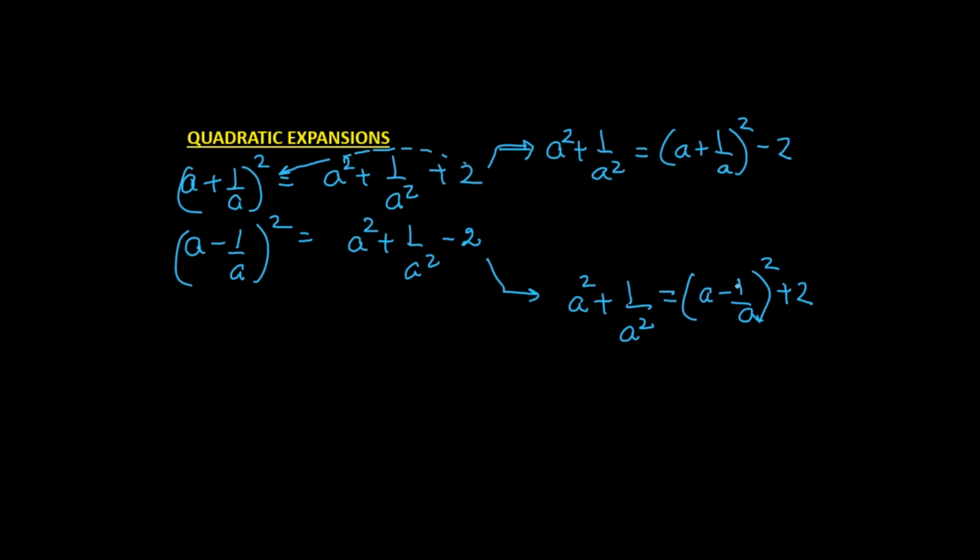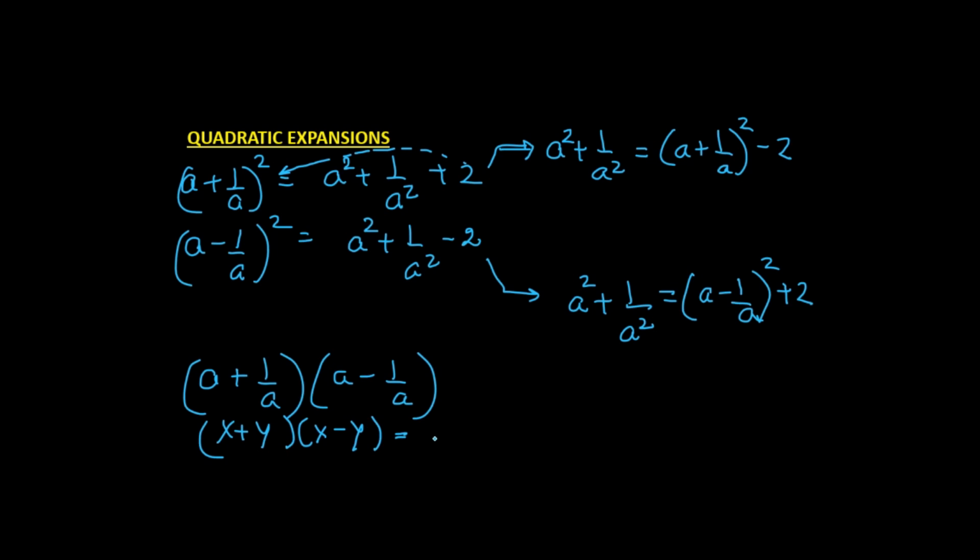Okay, and what is (a + 1/a) into (a - 1/a)? (x + y) into (x - y) is nothing but the difference of the two squares. So similarly, this will be equal to square of a minus square of 1 by a, which is equal to a square minus 1 by a square.